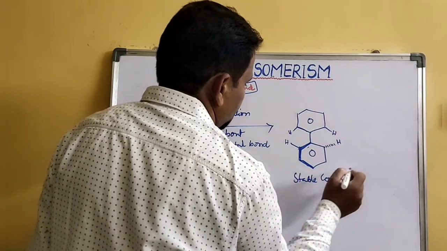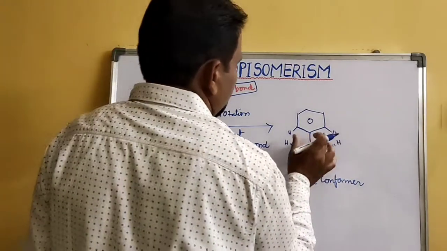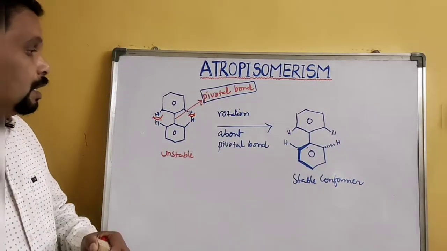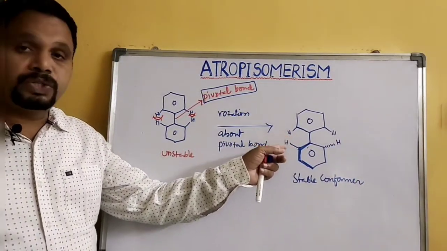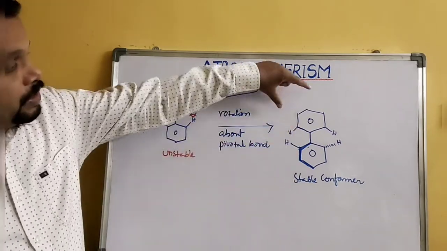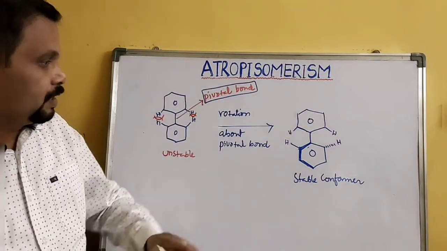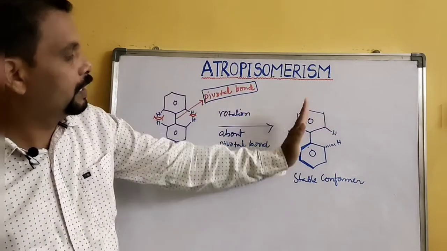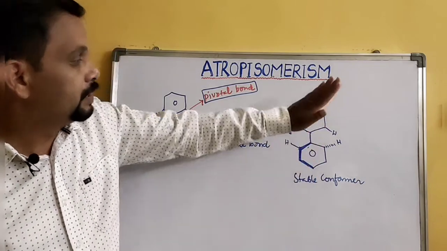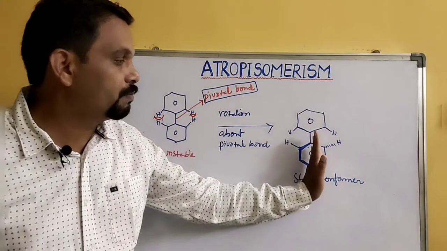Why is it stable? Because the steric repulsion between these two ortho-positioned hydrogens is reduced in this structure. This upper ring is in this plane, and this bottom ring is in this plane, perpendicular to each other. This upper ring is in plane and this is out of plane like this.